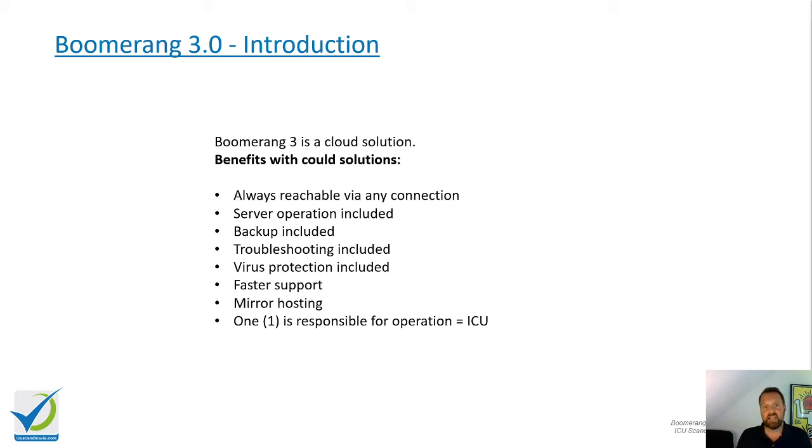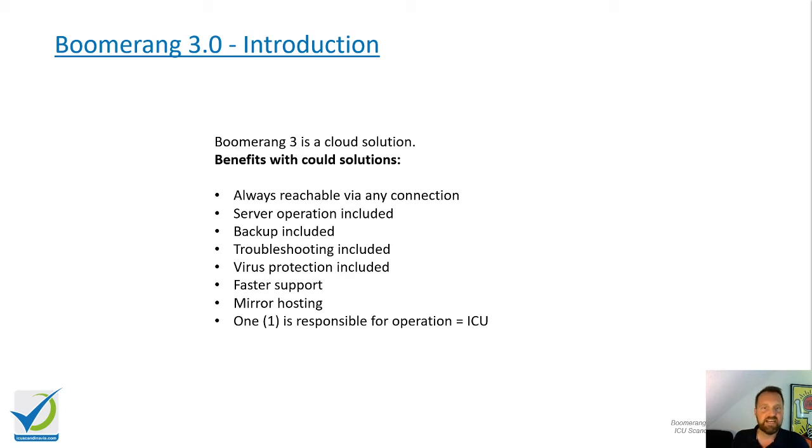Another important advantage with our cloud solution is that there is one that is responsible for the operation of the service, and that is us, ICU Scandinavia. So there is nothing that will fall between the seats between the local IT department and us, ICU Scandinavia. So if there is an issue, you call the ICU support team, and the ICU support team will fix your issue.